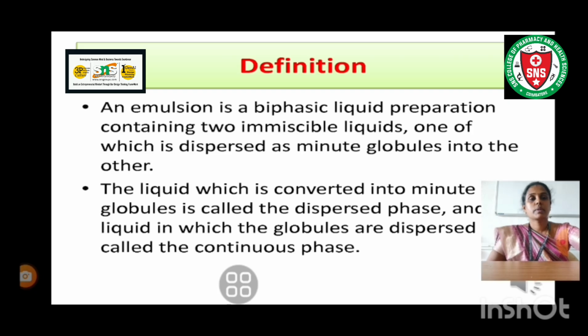The liquid which is present in the larger phase is known as the continuous phase, and the one in the smaller phase is known as the dispersed phase. The smaller phase is dispersed as minute globules into the continuous phase. These are the two phases of an emulsion.